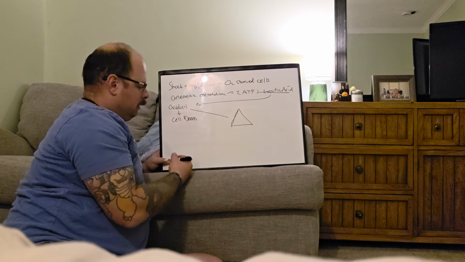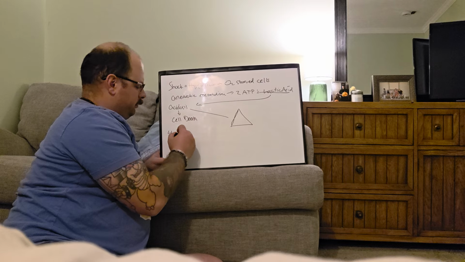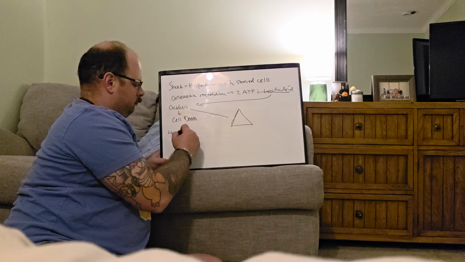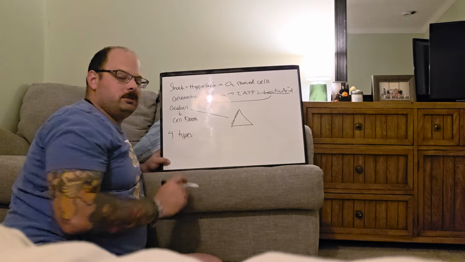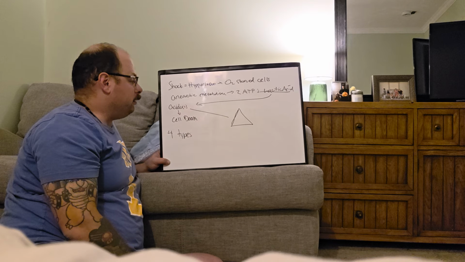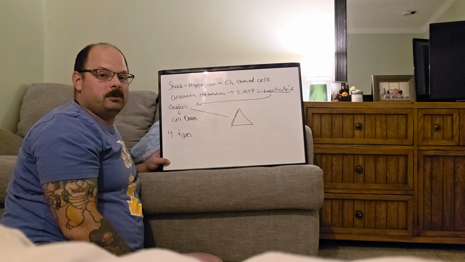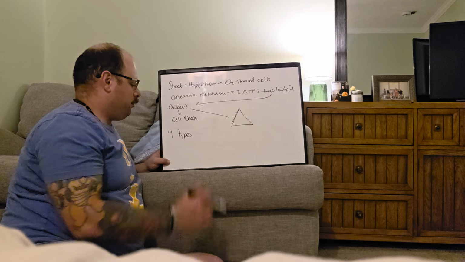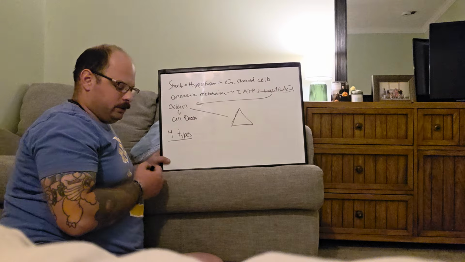All right, and we have our 4 different types of shock: our cardiogenic, our distributive, our obstructive, and our hypovolemic. And the different signs with that.